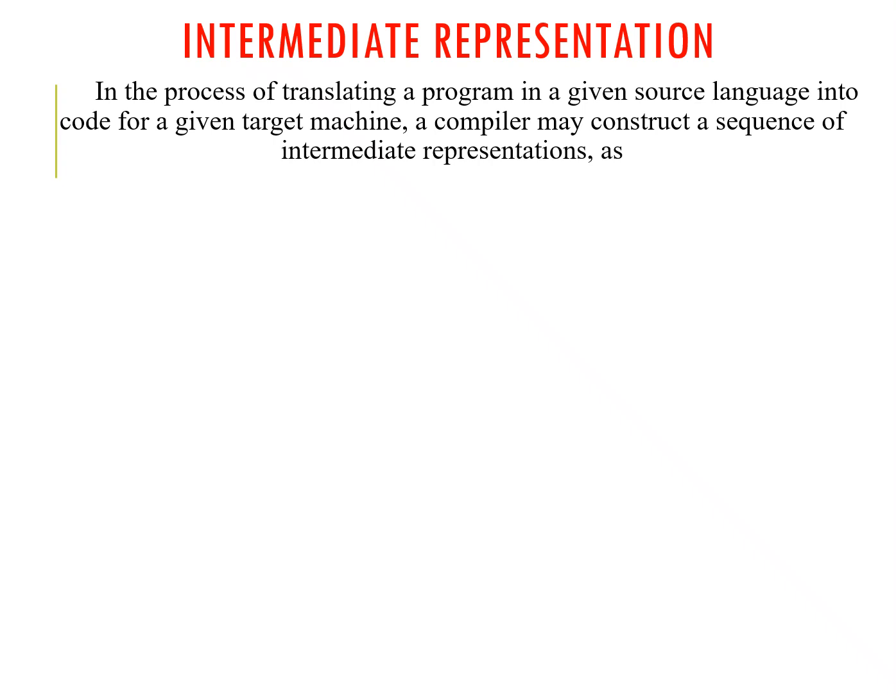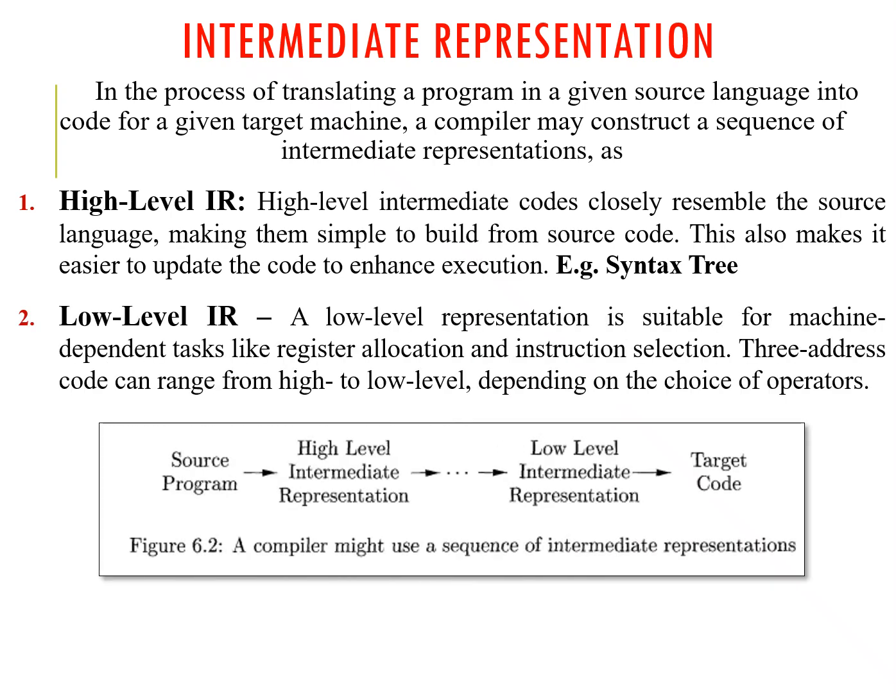In the process of translating a program in a given source language into code for a target machine, that is, whenever we are translating a source program written in some specific language into code for a specific target machine, the compiler may construct multiple intermediate representations, and these representations are referred to as high level intermediate representation and low level intermediate representation.